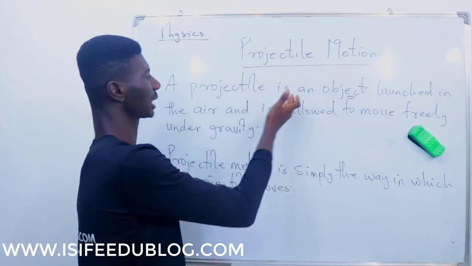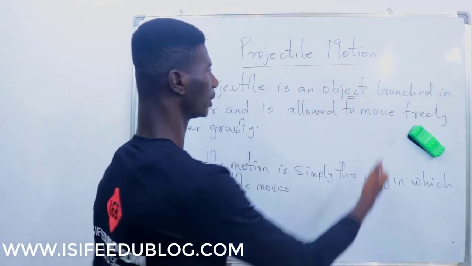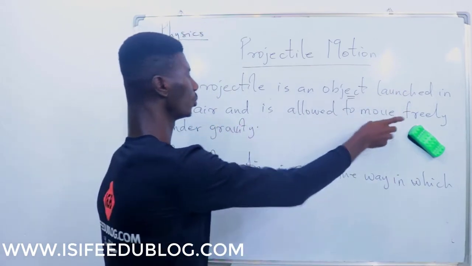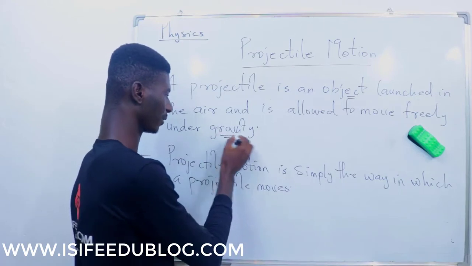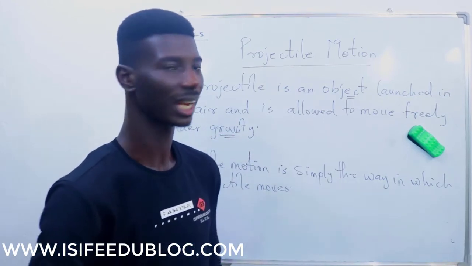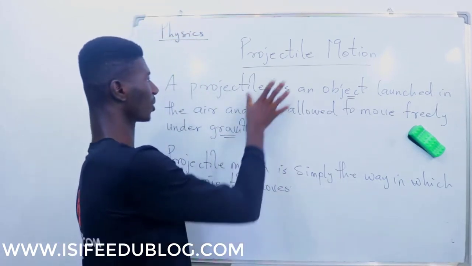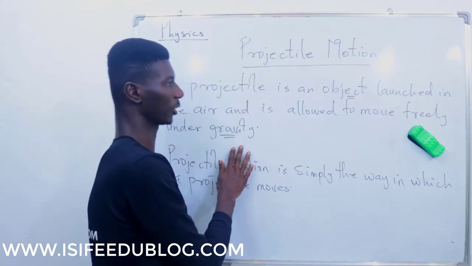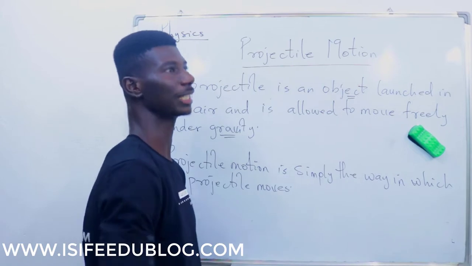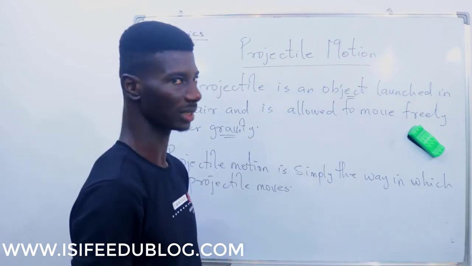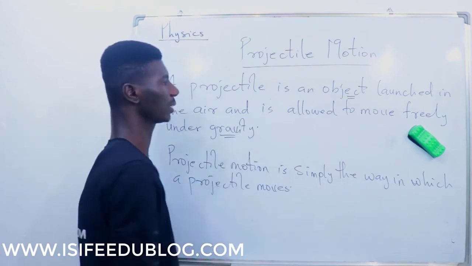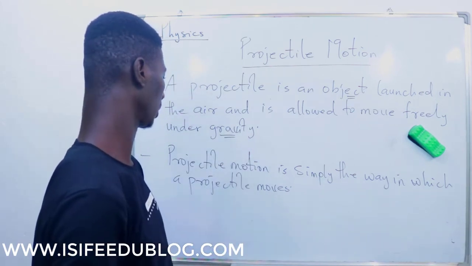So a projectile is an object, or you can call it a body, launched in the air and allowed to move freely under gravity. So everything concerning this topic, gravity has effect on it, because that is what a projectile is. Anything you project upwards, acted against or for by gravity, you call that a projectile motion.